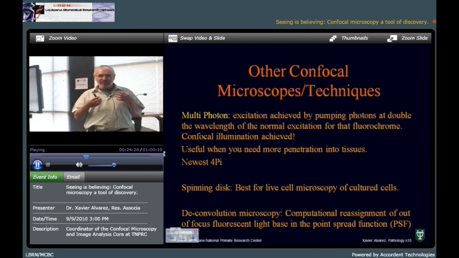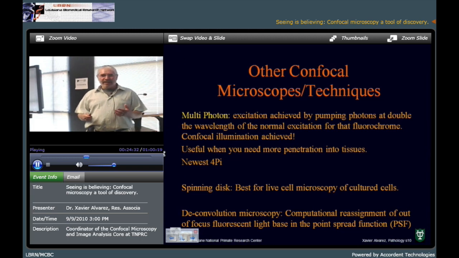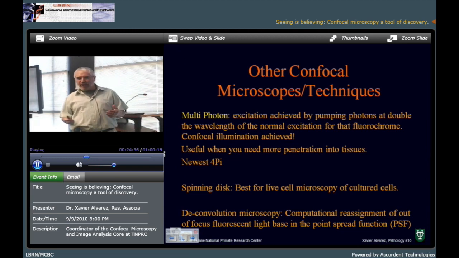I like a lot the microscope that I have, and it's very expensive, and I have been using it a lot. But there are some others nowadays. The one that we have is the best for a large group, because we could use any fluorochrome that you could imagine in the visible. But for a little more resolution, you have multiphoton.